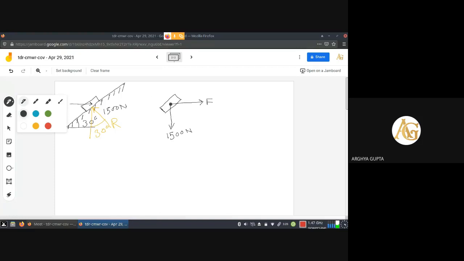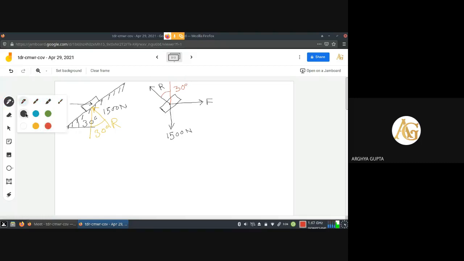So now here I can draw that from the center, like that, so that force is R. So with the vertical, this R force is making an angle 30 degree. Okay. So this is the problem given.